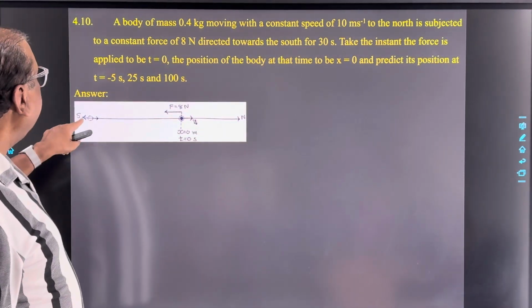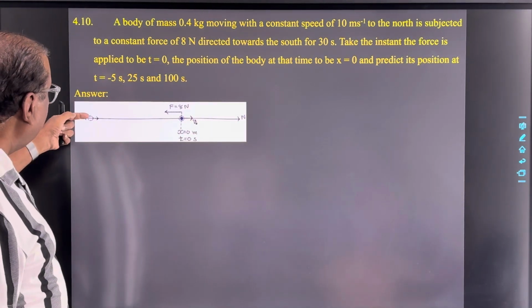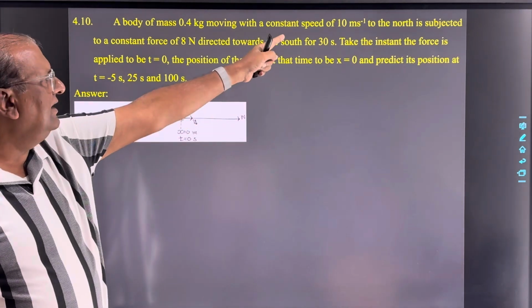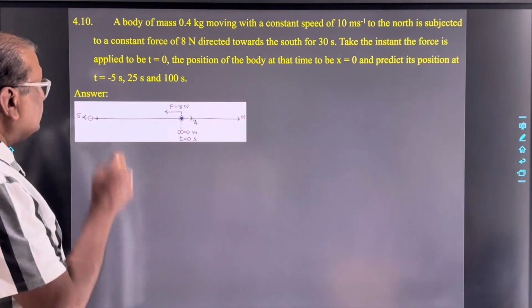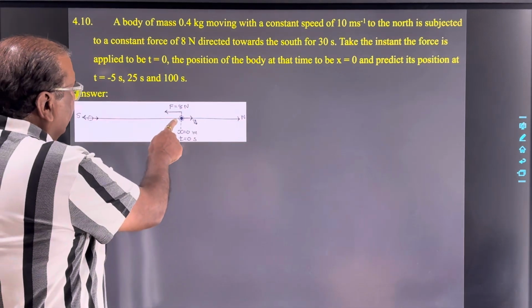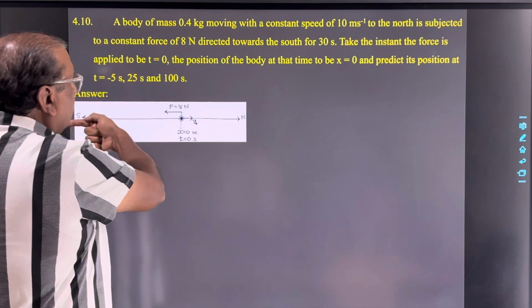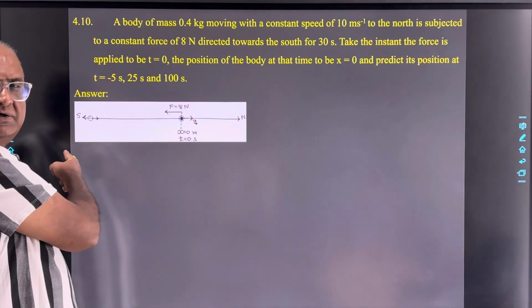See, the body with mass 0.4 kilogram is moving in north direction with constant speed 10 meter per second. Then suppose when the body reaches this particular position, the external constant force of 8 Newton is applied in south direction.